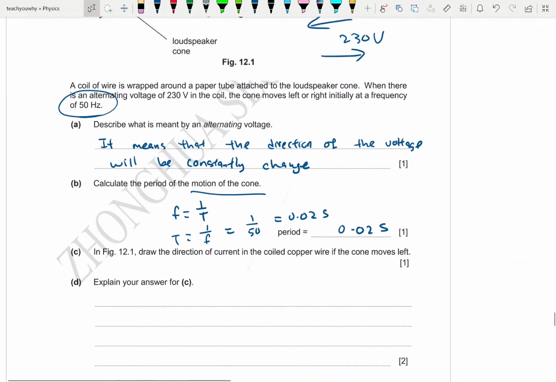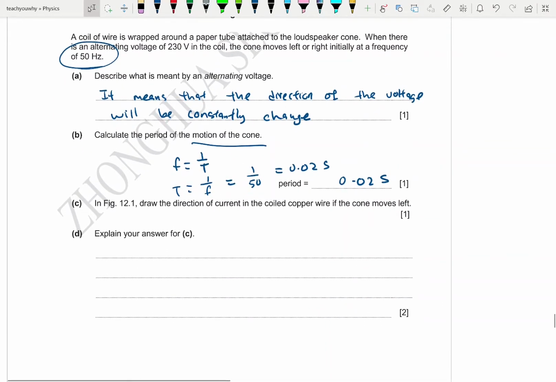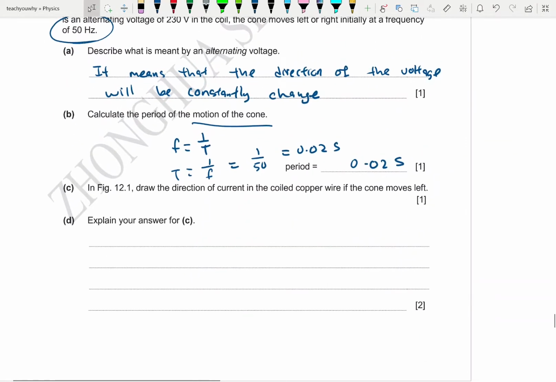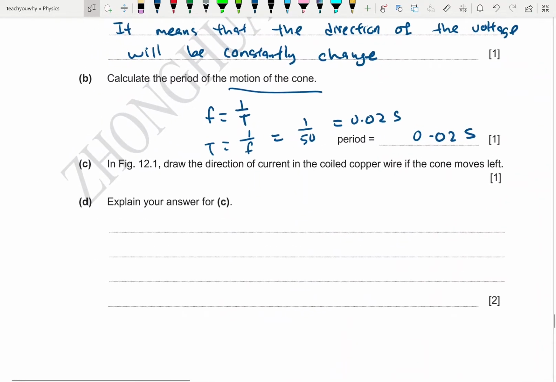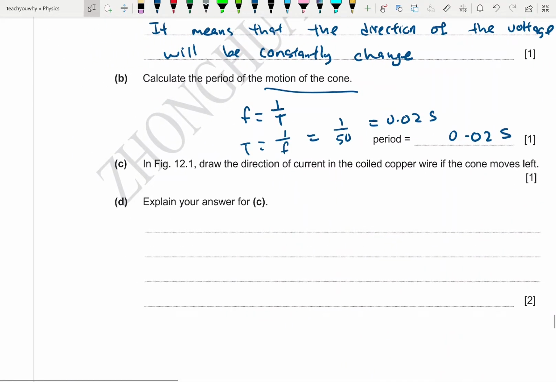Okay, explain your answer in part C. So how do we explain? Basically you're just going to explain using Fleming's left-hand rule.